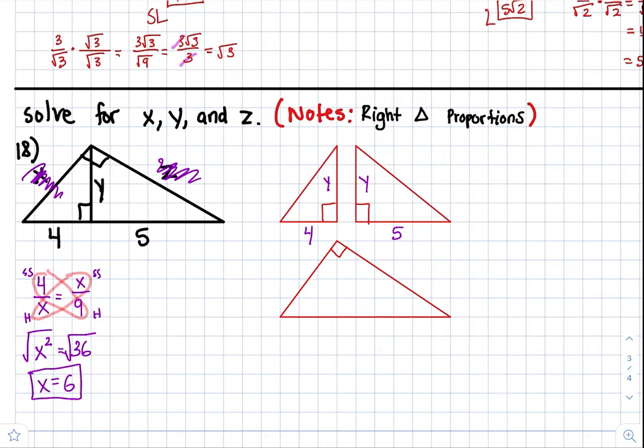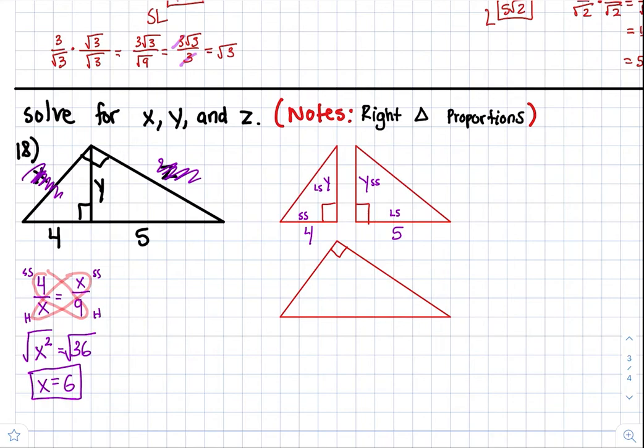So I know to use these two triangles to make a proportion. In your notes, I also wrote this, this side is the short side, this side is the short side, this side is the long side, this side is the long side for the respective triangles.